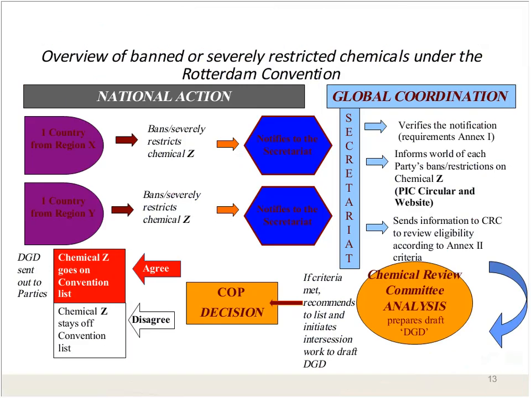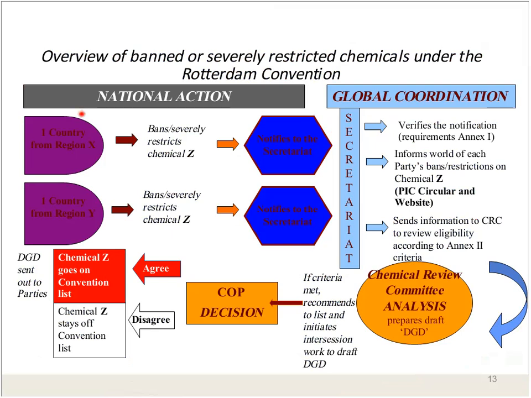In fact, now we look at why the notification of final regulatory action is also very important, not only for the early warning system under the Rotterdam Convention, but also for the listing of the chemical in Annex 3 of the Convention.